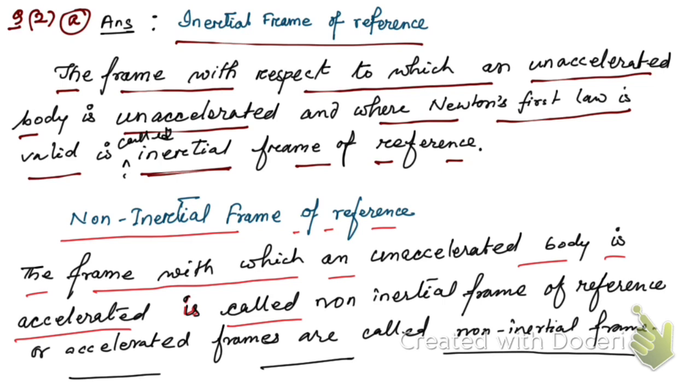Let me explain this. Suppose you have two frames, S and another frame S dash. Suppose we have a body at rest with respect to frame S, so it is not accelerated. If it were moving with constant velocity with respect to S, the acceleration would also be 0. But for simplicity, let me consider it at rest with respect to this frame, and S dash is moving with variable velocity, meaning it is an accelerated frame.